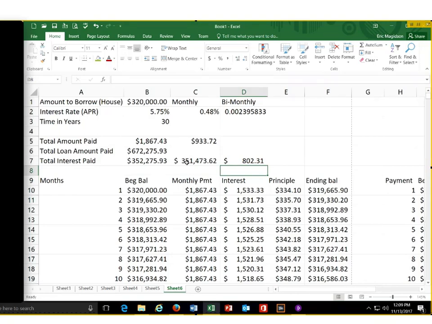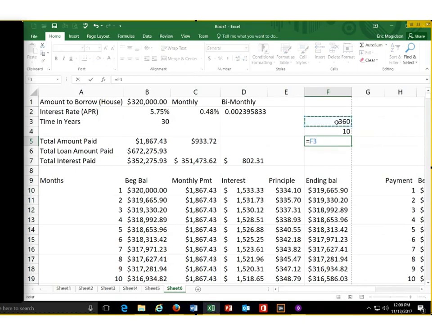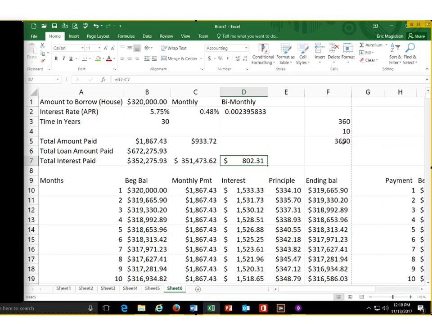Well, no, 720 payments, but not 320, 360. So see, for 360 months, I paid $10, right? So if we take 360 months times the $10 I paid a month, in order to save $820, I paid the bank $3,600 for the privilege.